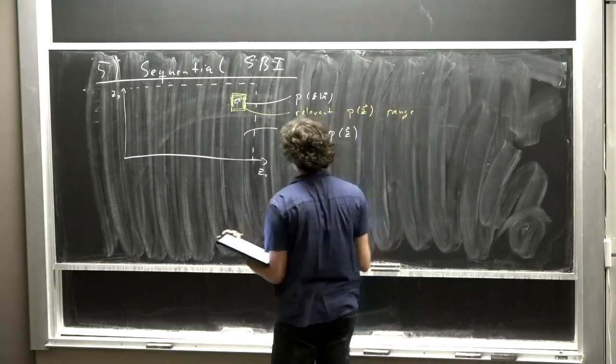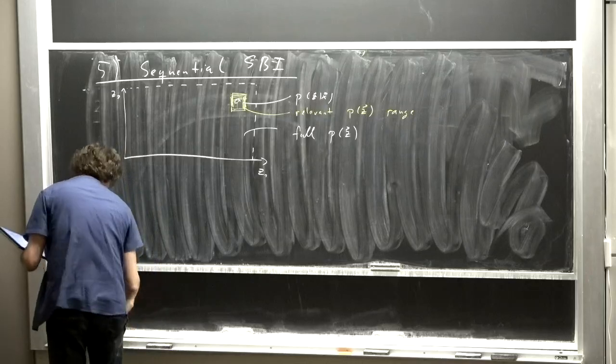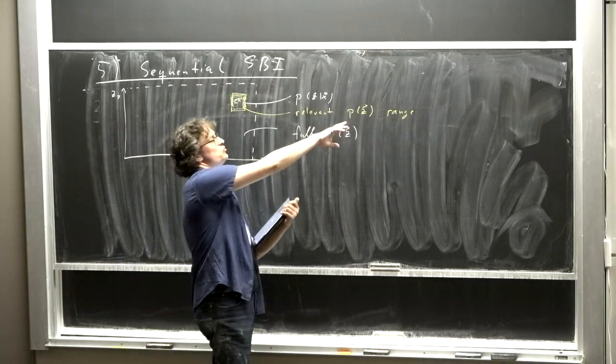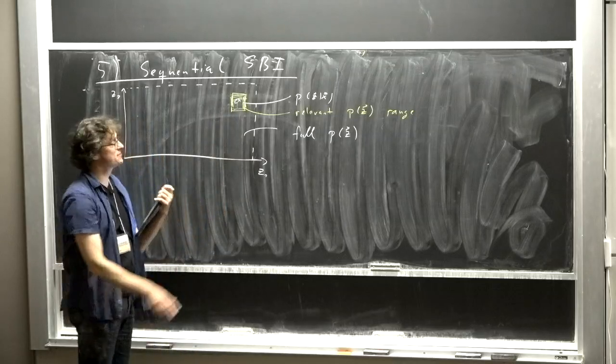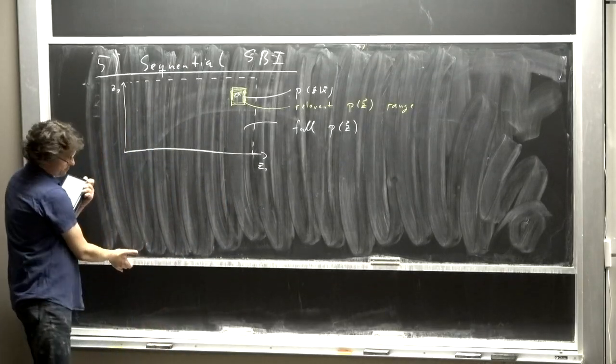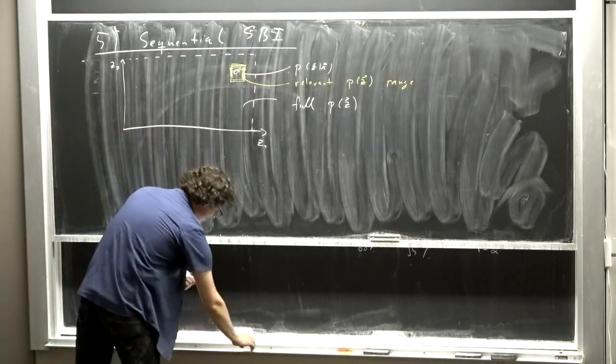And I'm not really saying here what relevant means in that context, but loosely speaking, it just means that these are the parameters which could have likely led to this observation, whereas the rest is very much excluded by the actual observation that you have.